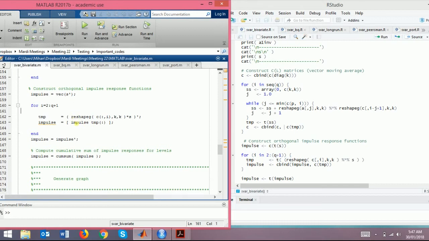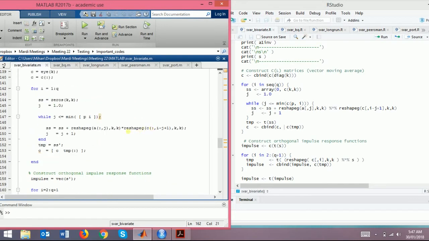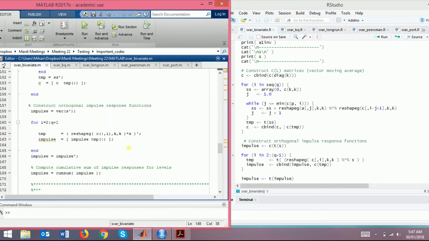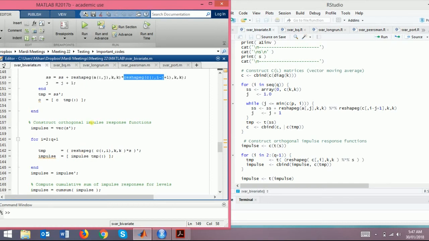And what we do is take S and multiply S with psi h. So again psi, we take that portion, psi I c, which is our moving average parameter, because c has stored our moving average.